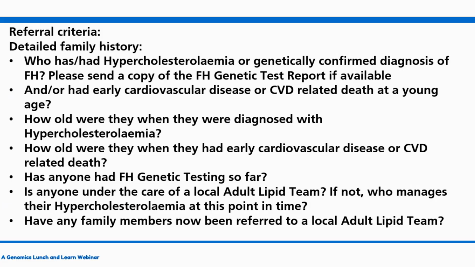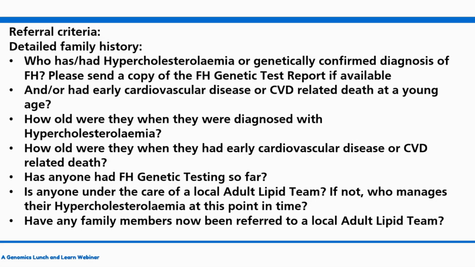Or if early cardiovascular disease is applicable, again, who has or had early cardiovascular disease or cardiovascular disease related death at a young age. How old were they when they were diagnosed with hypercholesterolemia? How old were they when they had early cardiovascular disease or CVD related death?